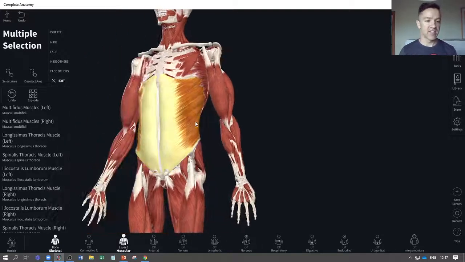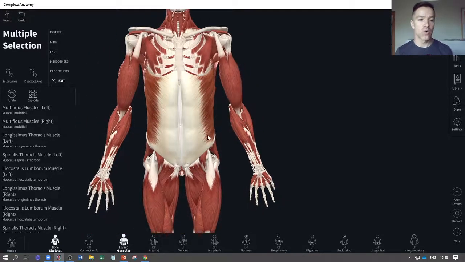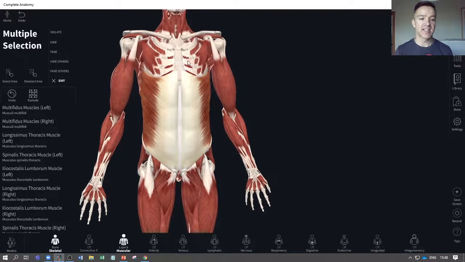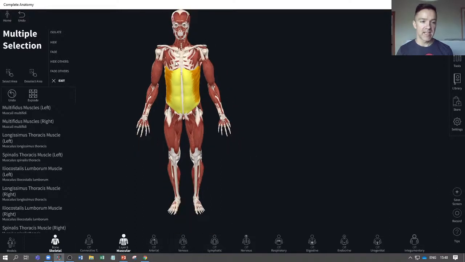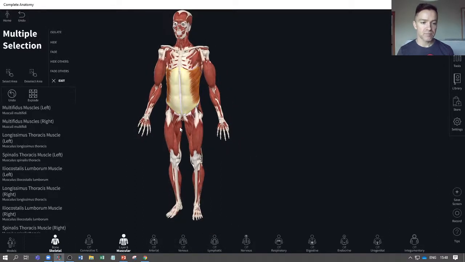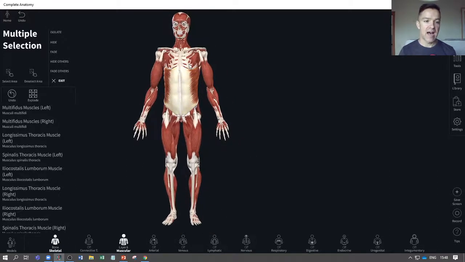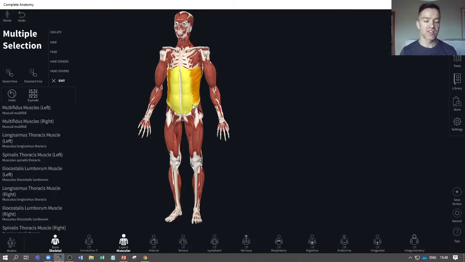To provide that core stability, midline stability. So being able to engage those muscles, being able to adequately contract those muscles in the right way will give you midline stability, core stability.